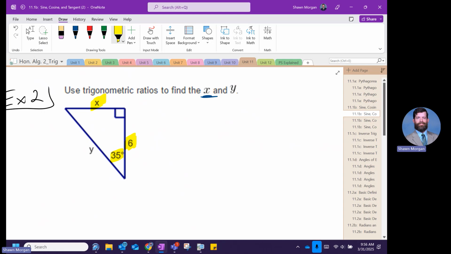Is it opposite, adjacent, or hypotenuse? Opposite. Good. So cosine's out because cosine doesn't use opposite. Kenneth, what is 6 in relation to 35? Adjacent. So what's our trig function that relates opposite and adjacent? Tangent. So I'm going to write the trig expression: the tangent of 35 degrees equals x over 6.